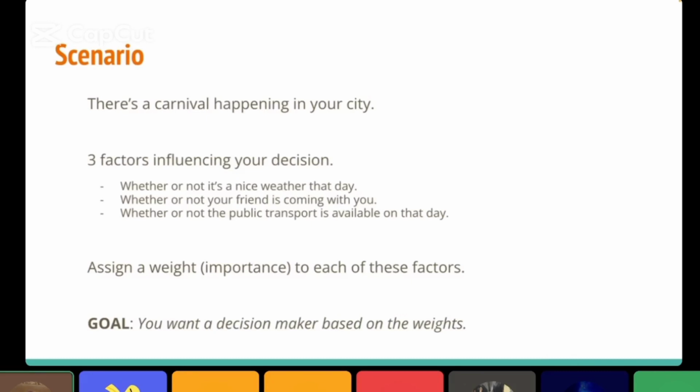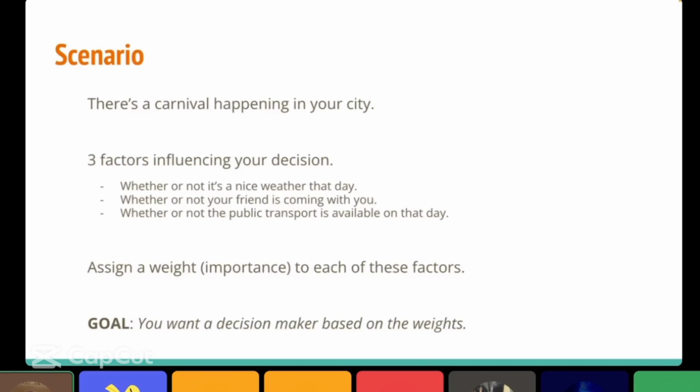Now let's try a simple mental exercise. Let's assign importance to each one of these factors. This importance is also known as weights in neural network terms. The first factor, the weather, would obviously be the highest importance of these three criteria, so let's put a high number for the weather.